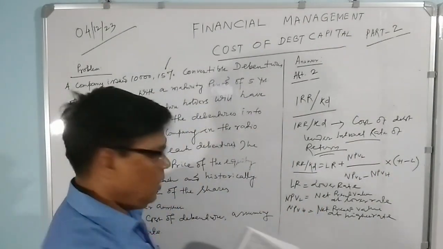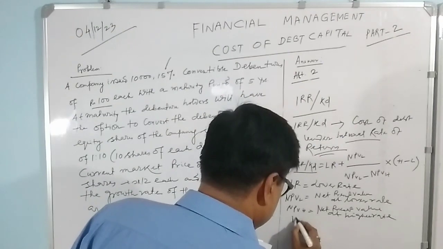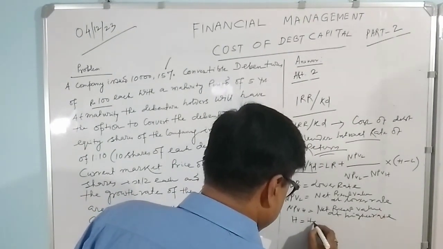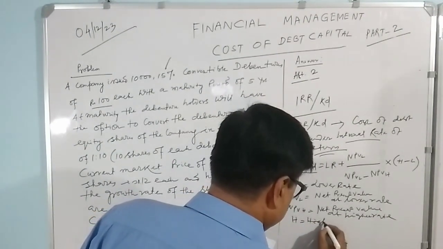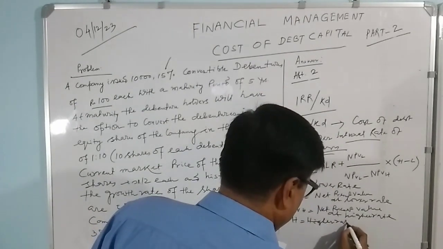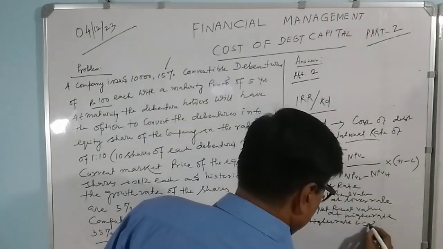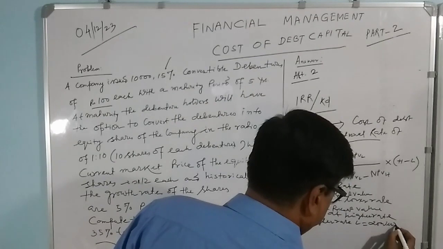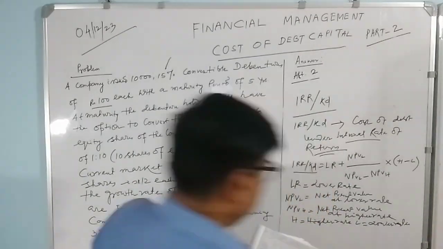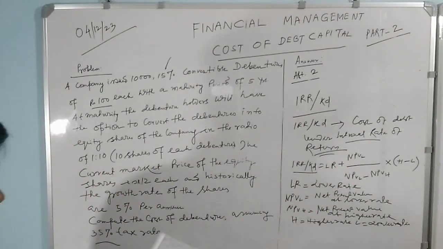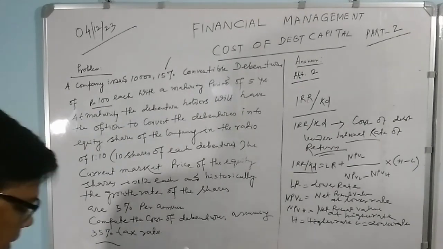H equal to higher rate and L equal to lower rate. So everything you know that thing. LR equal to lower rate.